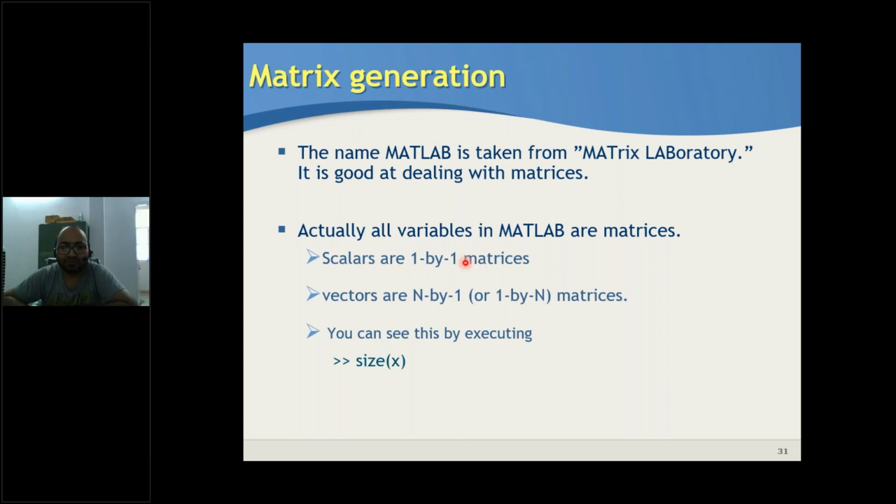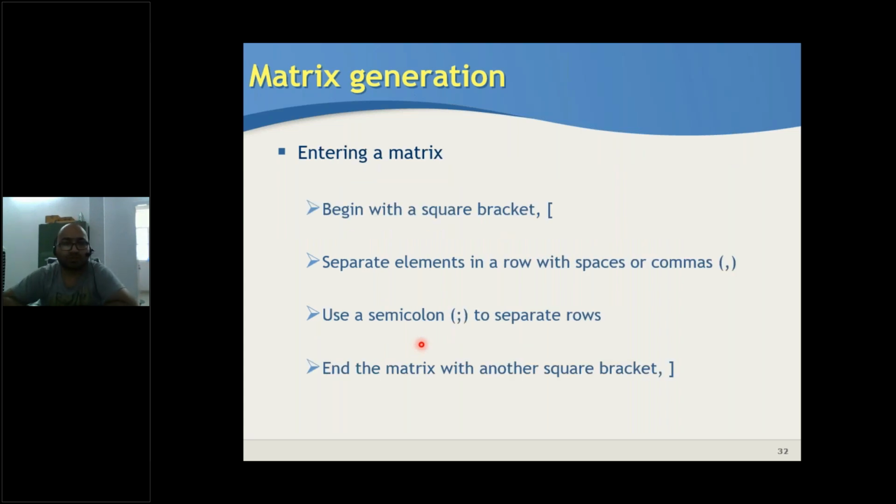If you want to get the information of a particular variable, you can just type size. It will give you the size of that particular variable. Okay, so how do we add these matrices or enter these matrices? To enter matrices, you have to use square brackets.